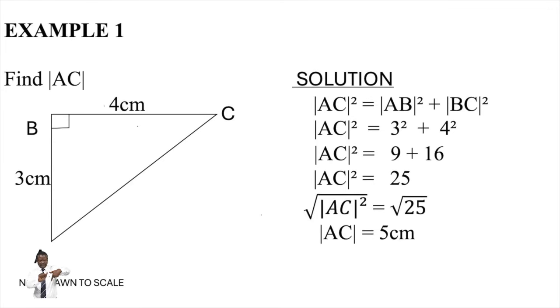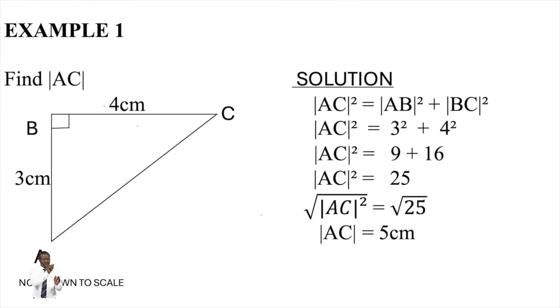From this diagram, we can state the Pythagorean theorem as AC squared is equal to AB squared plus BC squared.